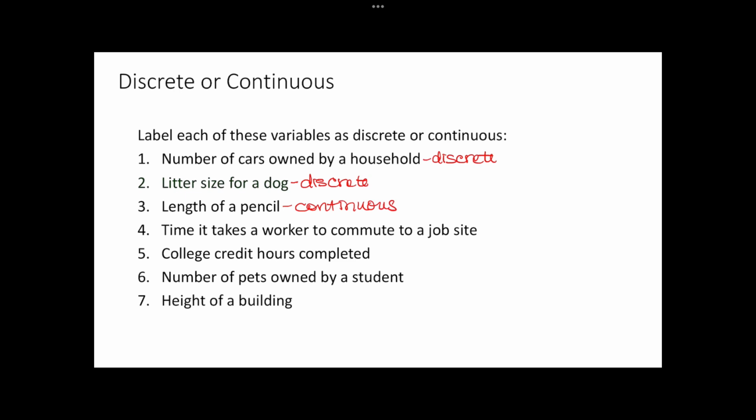What about the time it takes someone to commute to a job site? This again, the times are going to range over a variety of times, and they're not times that I could just list 10 minutes, 11 minutes, 12 minutes, for example. Maybe it takes 10 and a half minutes or 10 and a quarter minutes. So in this case, this is going to be continuous.